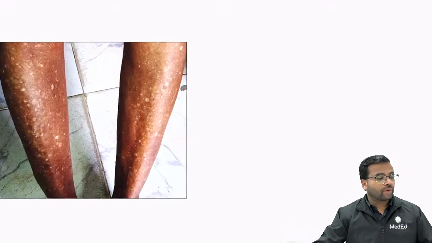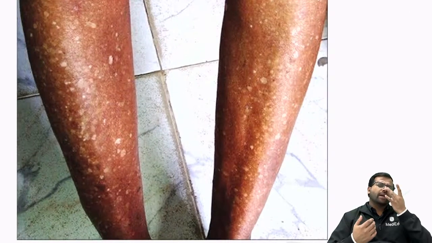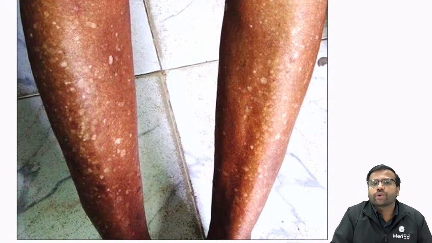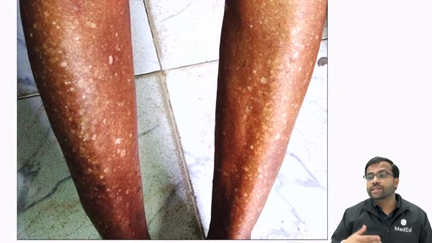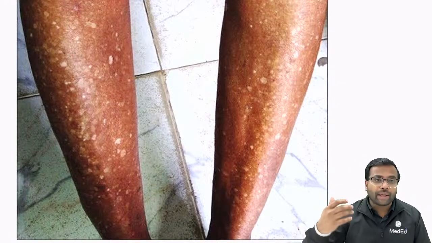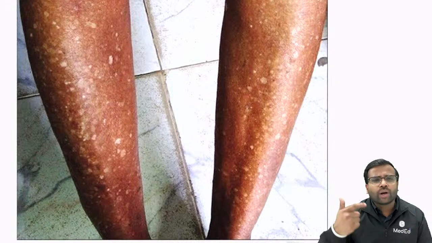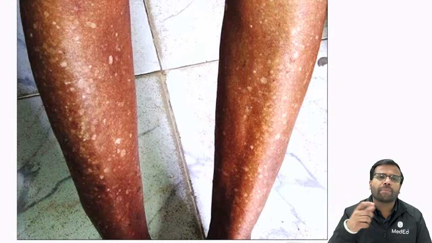So यहाँ पे, if I just zoom this image, can you see that whenever you see a patient in dermatology, try to describe, ठीक है? So यहाँ पे I definitely would describe this as multiple, क्योंकि I can see multiple lesions. So I would describe this as multiple hypopigmented macule है या patches है, small lesions है, isn't it? So these are going to be macules.